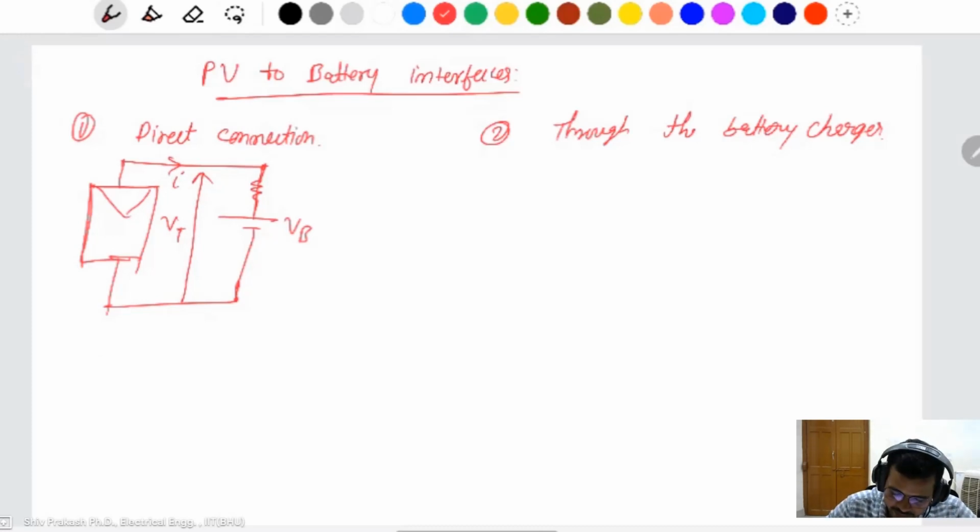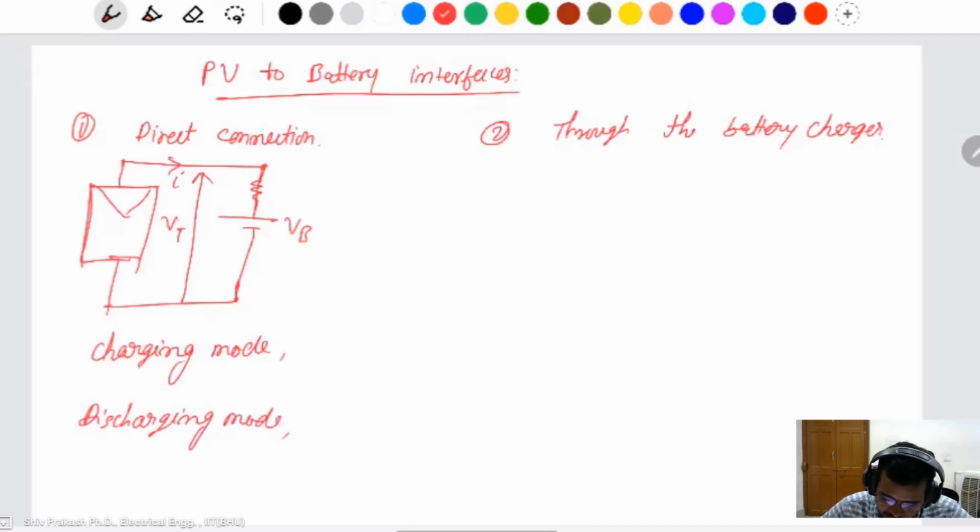There are two modes, charging and discharging. In charging mode, the current flows in, and the terminal voltage will be VT = VB minus I into RB, where RB is the internal resistance of the battery.